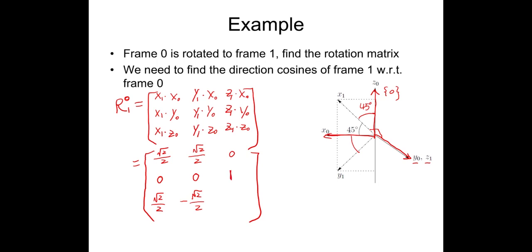And the last term is z1 dot product z0. y0 must be perpendicular to z0, so z0 must be perpendicular to z1. The angle between these two is 90, so cosine 90 is 0. Okay, so we're all set. I will stop here for part 1.